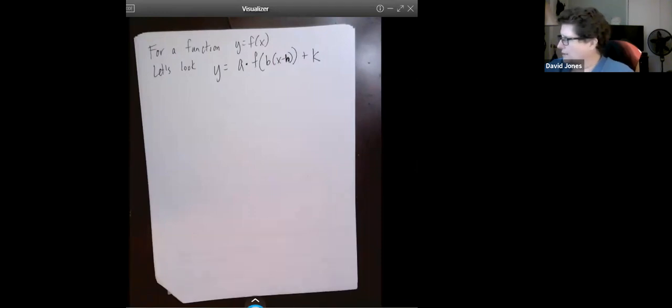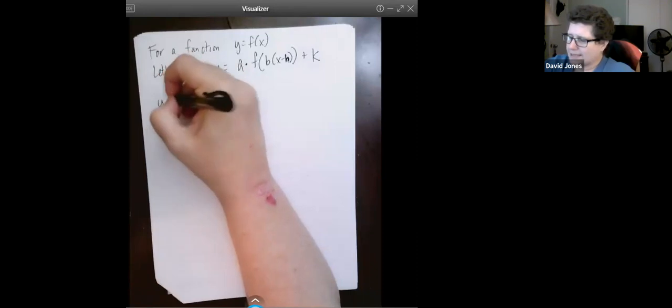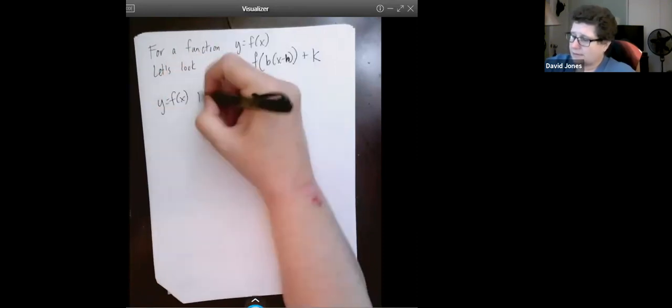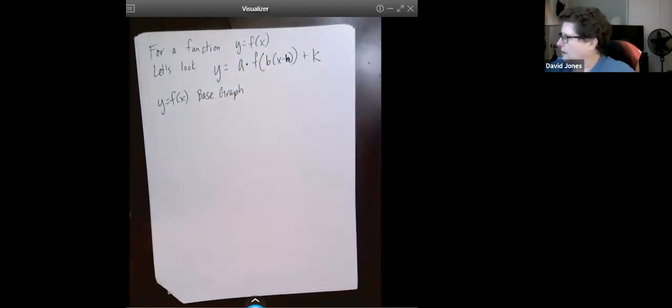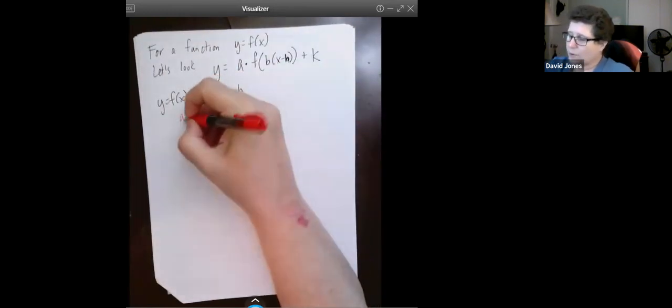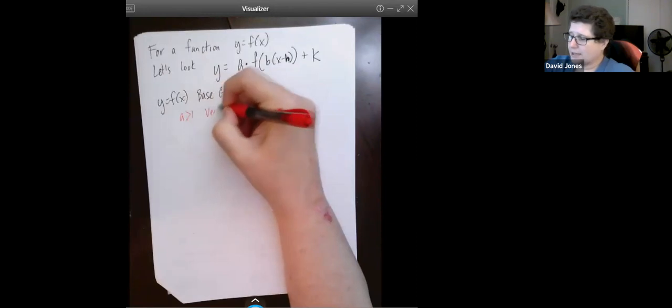Where y equals f of x is the base graph. And a was just like we had in y equals x squared. A in front does the following. A greater than 1, get vertical stretching.